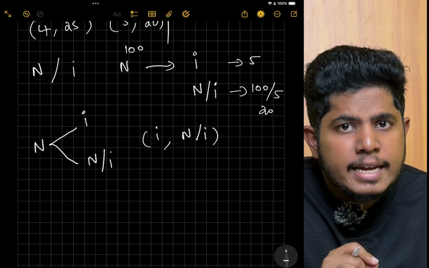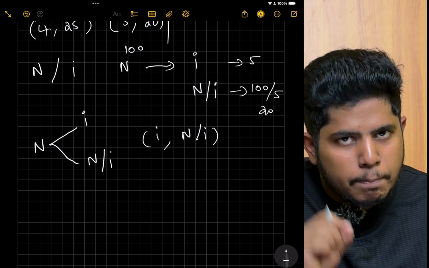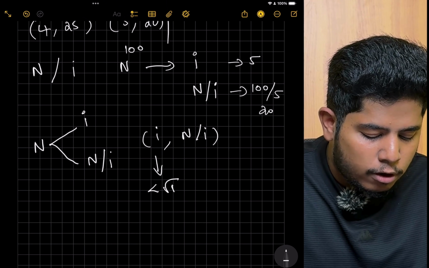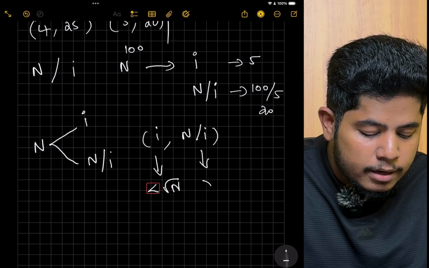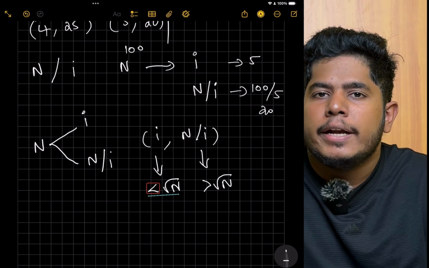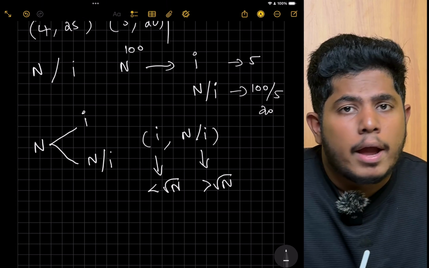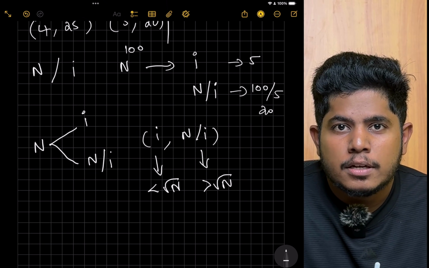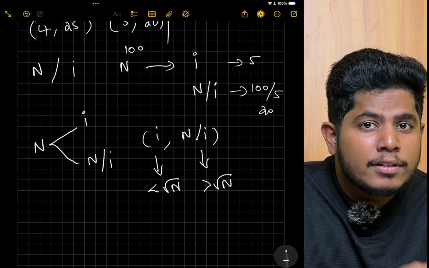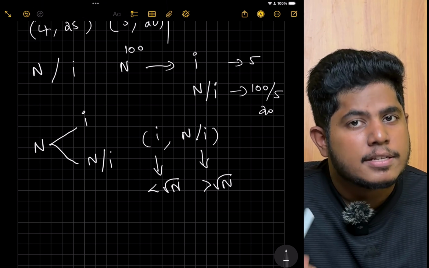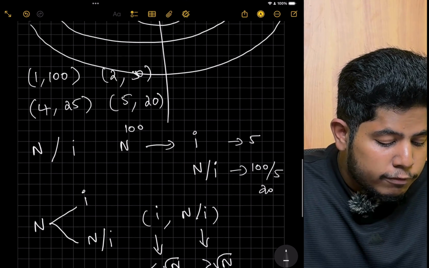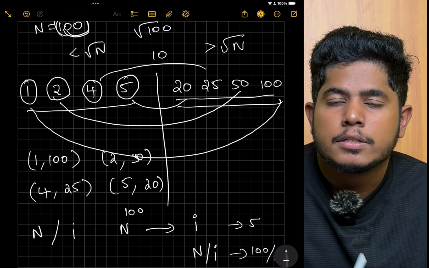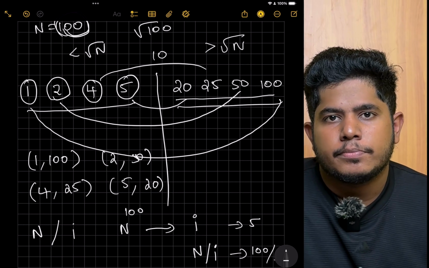When we take i and n divided by i as a pair, then i is going to be less than square root of n and n divided by i will be greater than square root of n. That's the point. And with this, we can add one more observation: if for every factor on the left side there exists a factor on the right side, can we also say that if on the left side we have 4 factors, the right side also will have 4 factors, because all the factors are pairs.